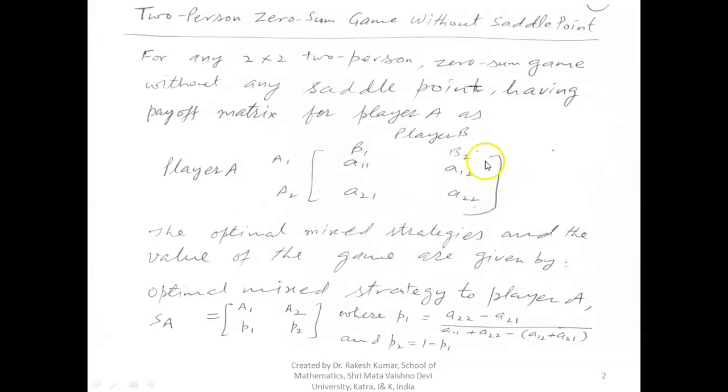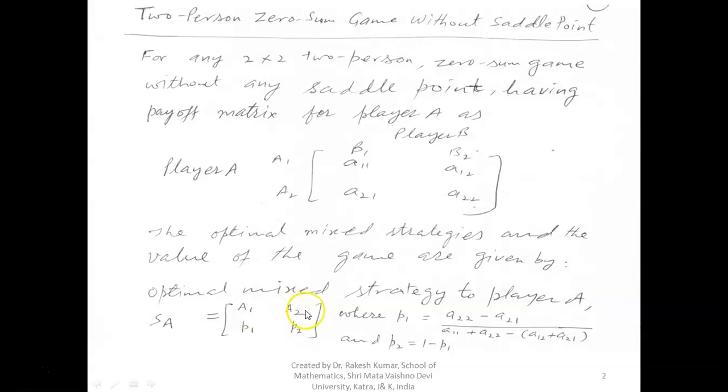These are the elements of this matrix. The optimal mix strategies and the value of the game are given by the optimal mix strategy to player A.